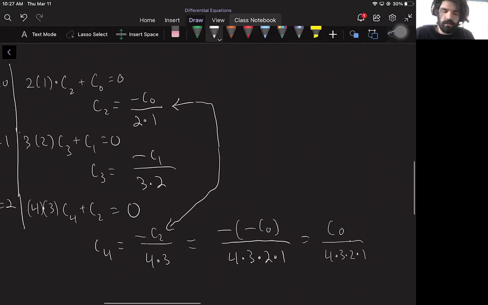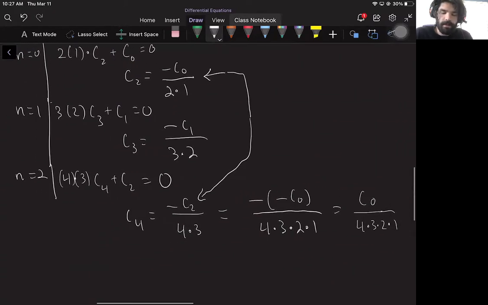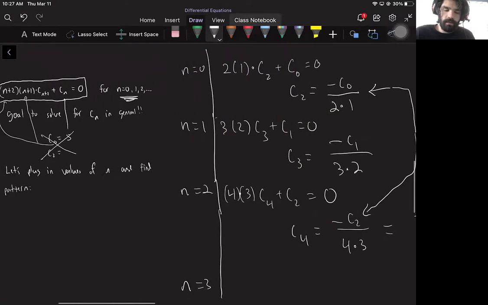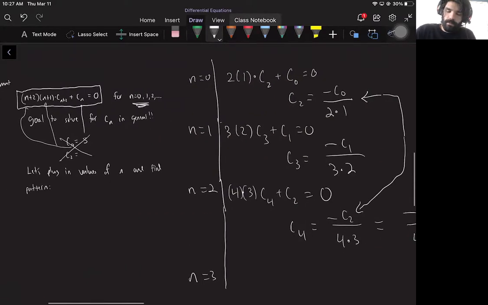There's a bunch of work to be shown here to establish the pattern. All right, so now let's do 3, just to do one more. If I plug in 3 here, I get 5 times 4 times C5 plus C3 equals 0.